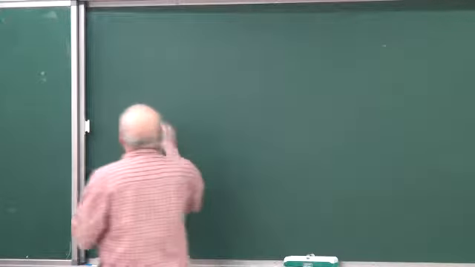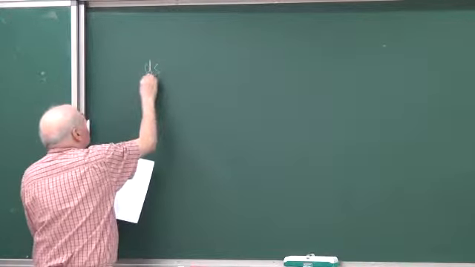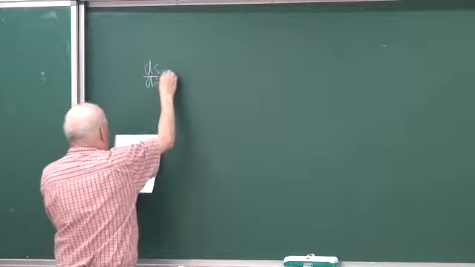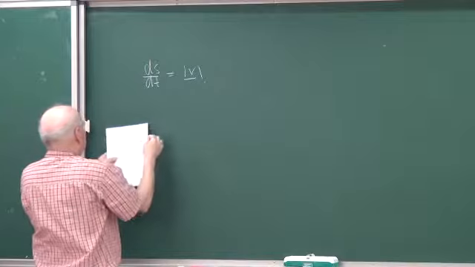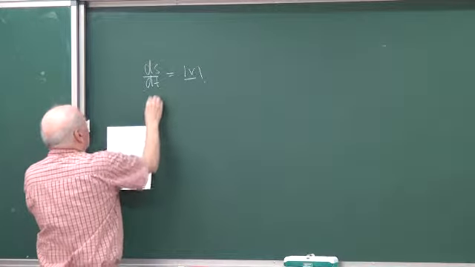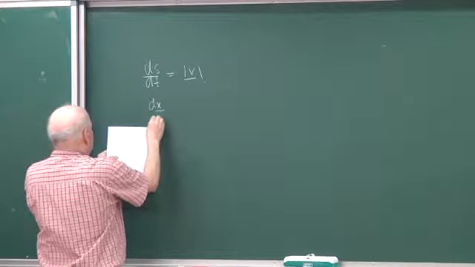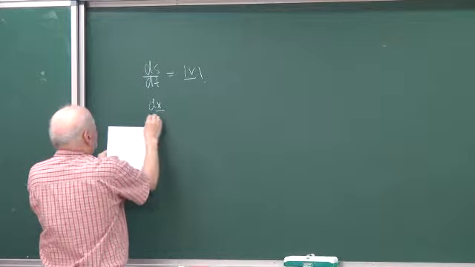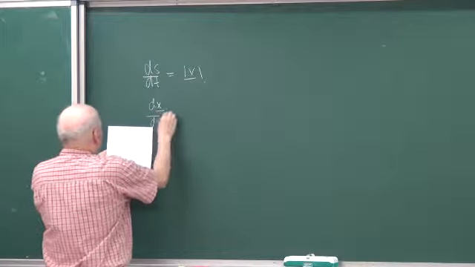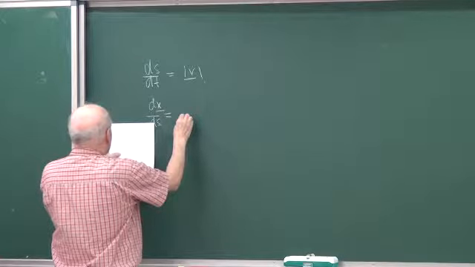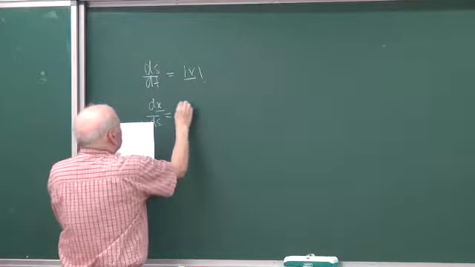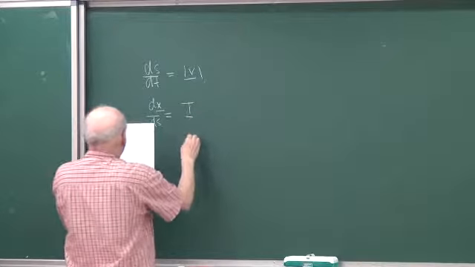So I'll rewrite the formula again. The ds/dt we said was the magnitude of v, and the dx/ds we said was T.